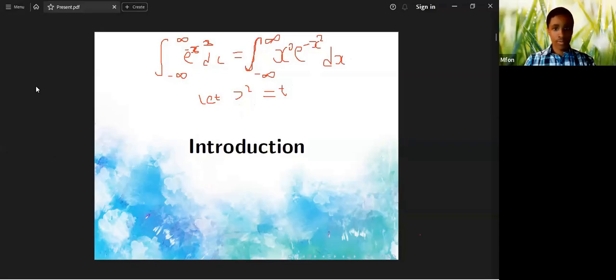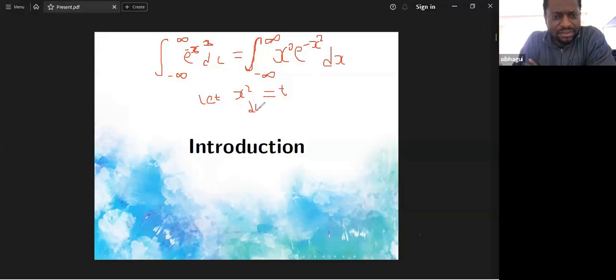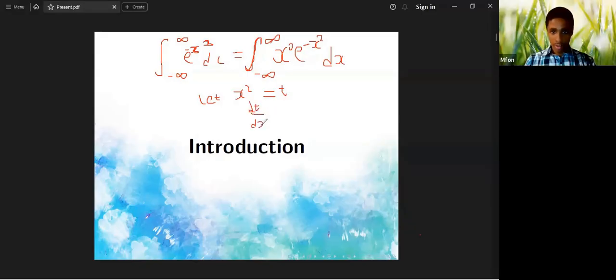So that means dt/dx will be equal to 2x, which implies that dt times 2x will be equivalent to dx.